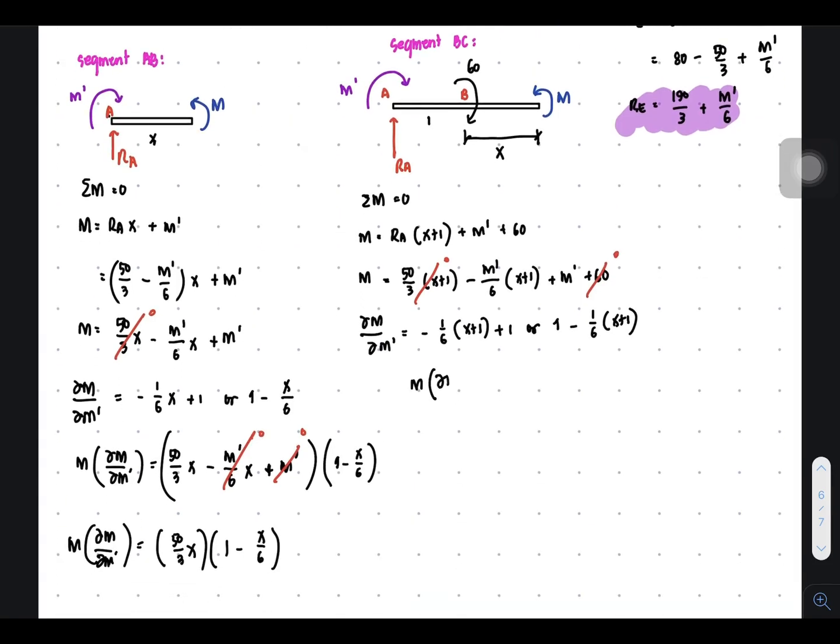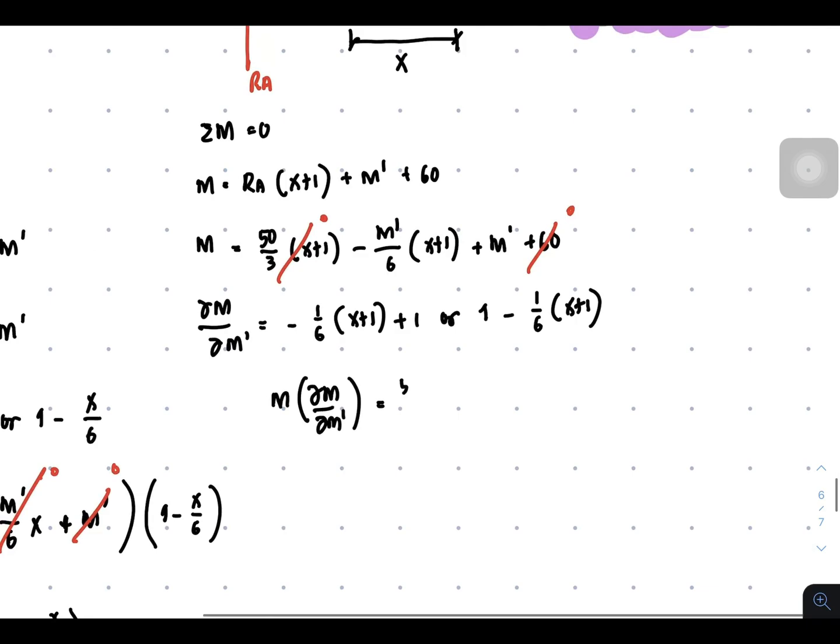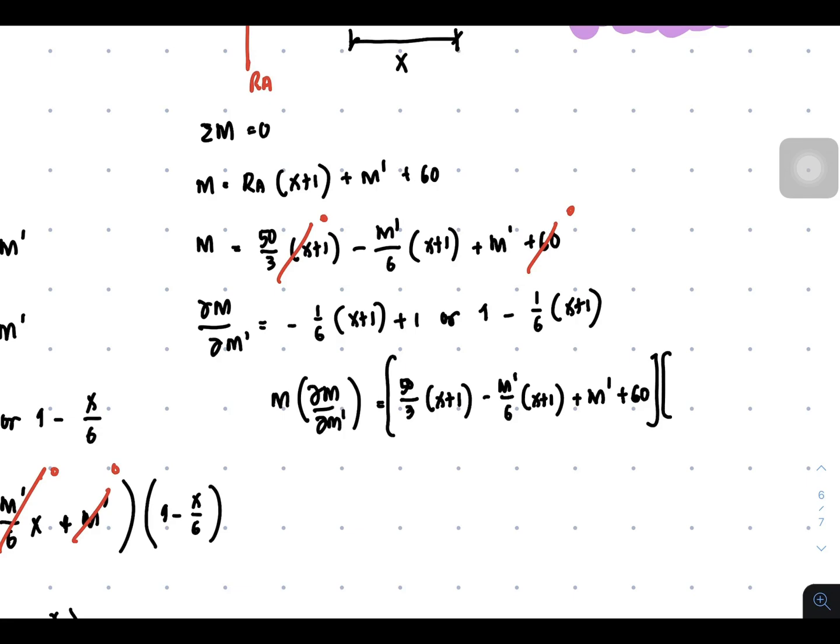So if we try to get the product of the two, m times the partial derivative of m prime, it's going to be 50 over 3 x plus 1 minus m prime over 6 x plus 1 plus m prime plus 60. And then you multiply it with 1 minus 1 over x plus 1. And then we will be setting the value m prime to 0 to get now the final equation for this segment.